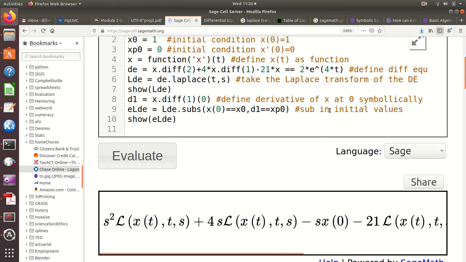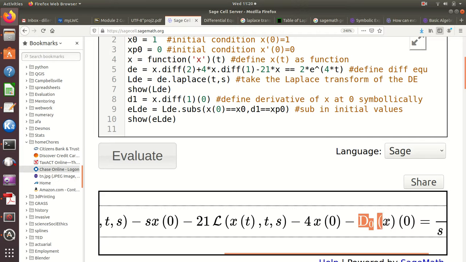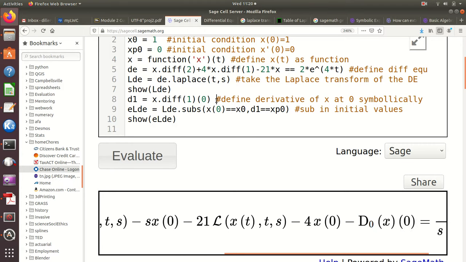And so if you do that, you get something that looks exactly like that. And so I found that in order to substitute for that particular expression right there, I had to do it this way. I had to define that derivative, so I did.